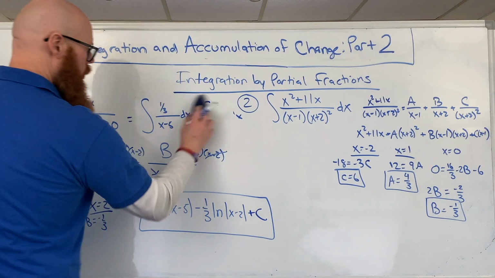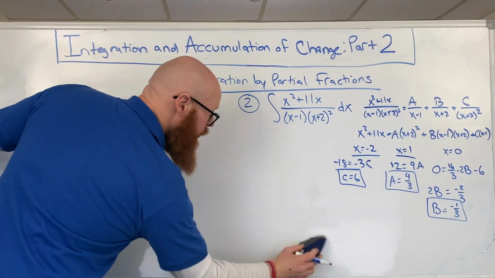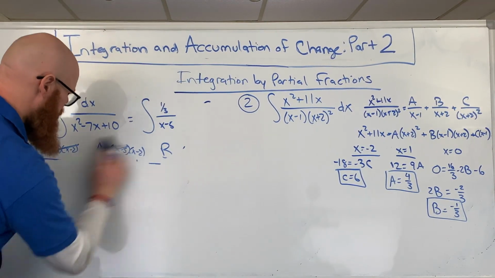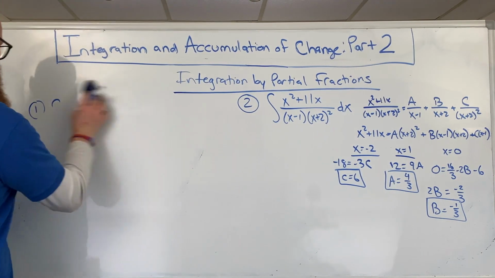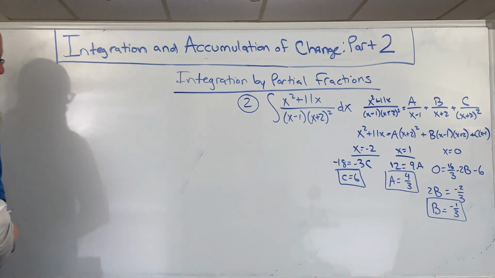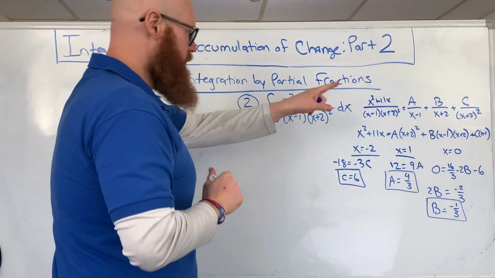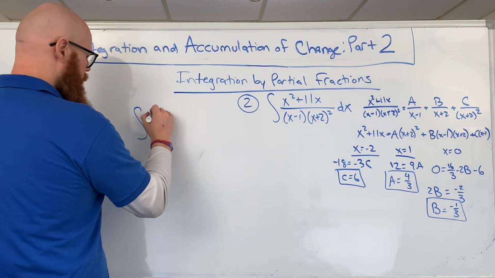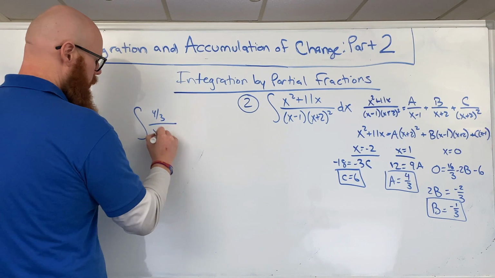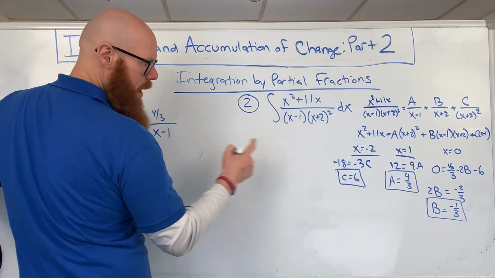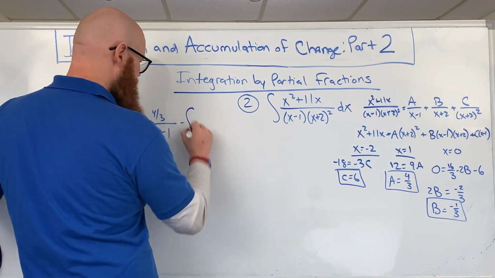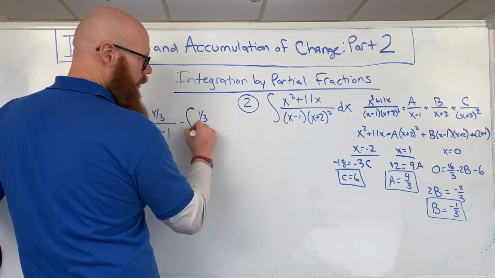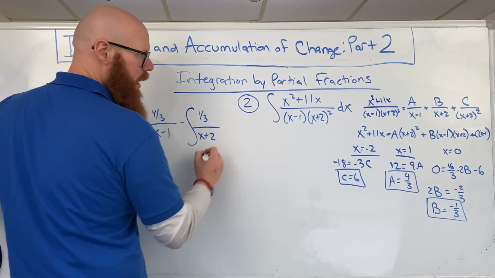All right, so I'm going to erase some over here so we can finish this problem. And what happens is I now split this up into 3 integrals. The first integral is, if a is 4/3, I have 4/3 over x minus 1. B is -1/3, so I have minus the integral of 1/3 over x plus 2.